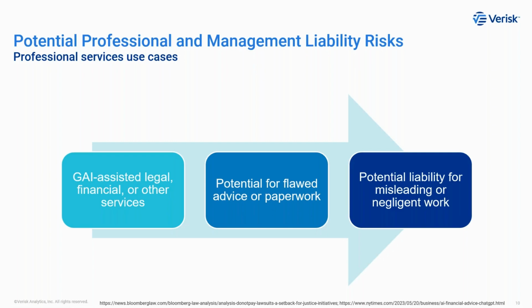Given the potential flaws in the outputs from GAI, however, this could lead to errors or omissions in this advising or paperwork, and that could create potential liability from customers or regulatory agencies. For one example, a company that claims to use AI to provide legal services has faced multiple lawsuits this year, including a class action brought by a customer who claims to have received substandard legal documents from the service.